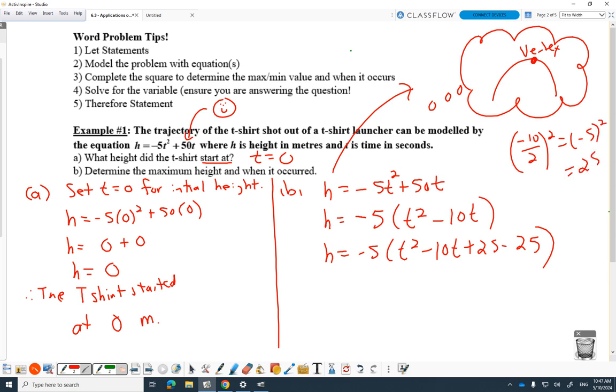Underline that trinomial you've built. Amaze yourself by what happens. 2 numbers that multiply to 25 and add to -10. It's -5. Look, it's right over there in the brackets. Yeah, you went through the procedure and found it. So h equals -5(t - 5) squared.